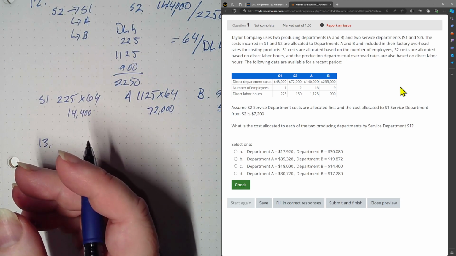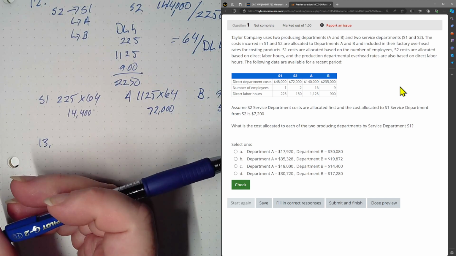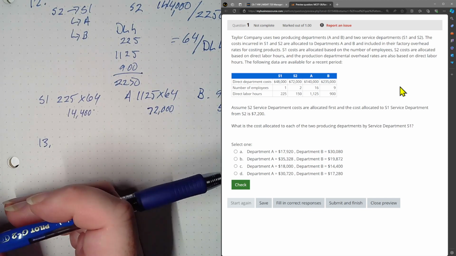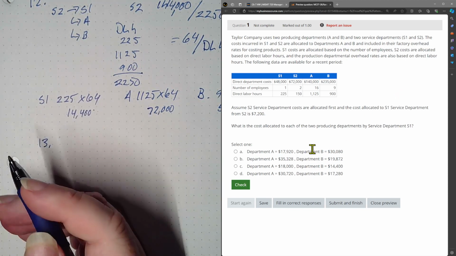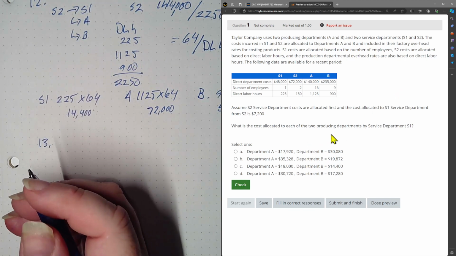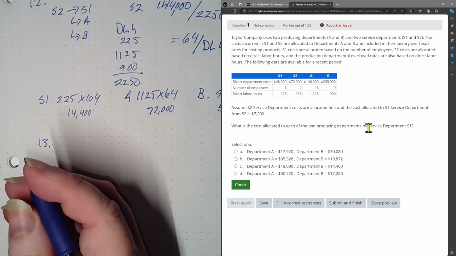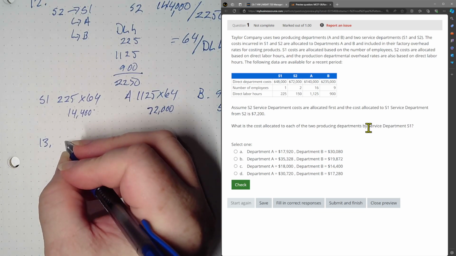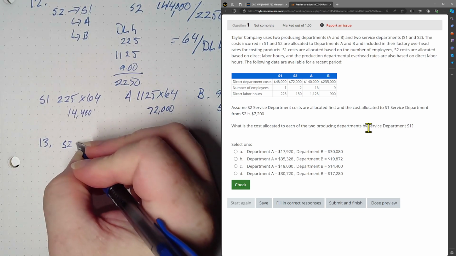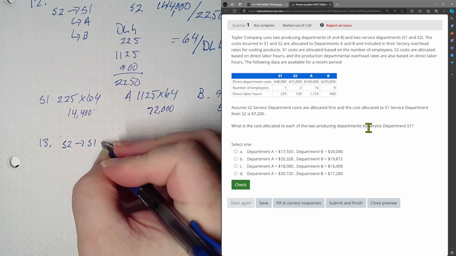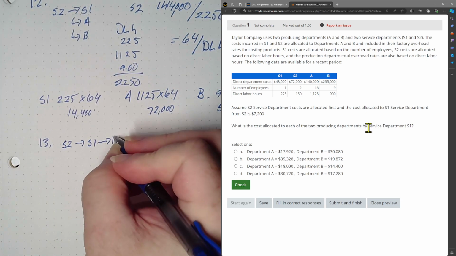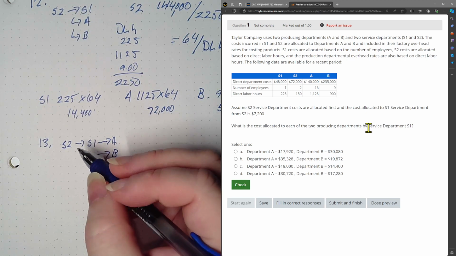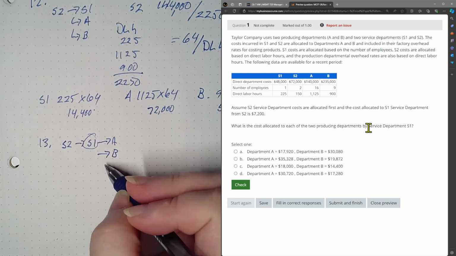And the cost allocated to service department from S1. Oh, so they're giving us a number. What is the cost allocated to each of the two producing departments by service department 1? Okay, so the sequence is S2, S1, and then A and B. And they want to know the cost allocated from S1 to these two.